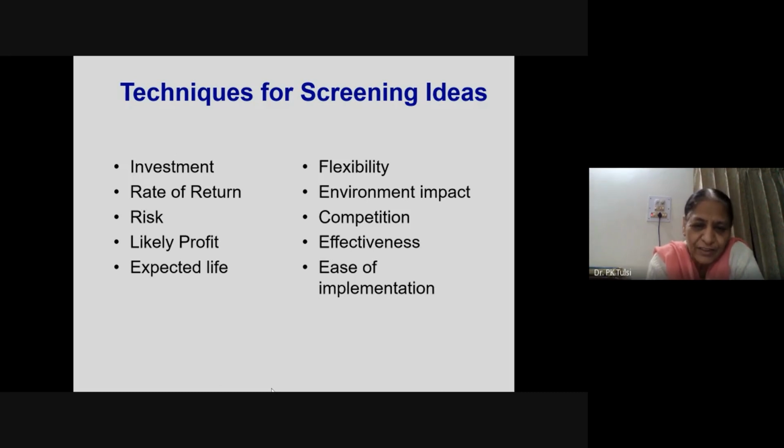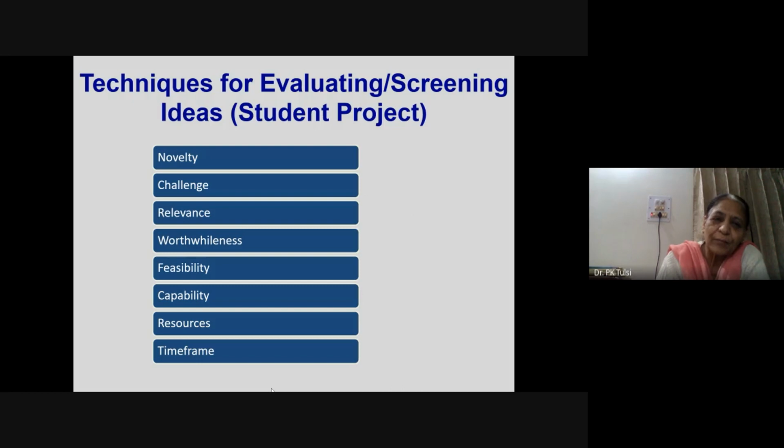Then effectiveness, that's whether you'll be able to achieve your objectives or not, and ease of implementing the idea. So these may be some of the criteria which can be taken up.